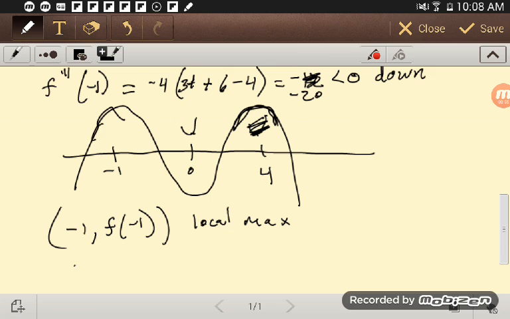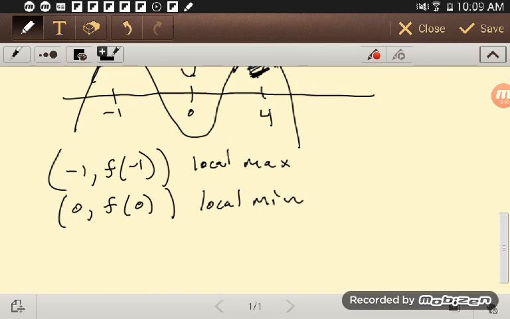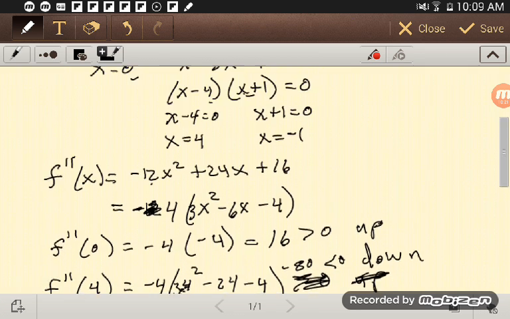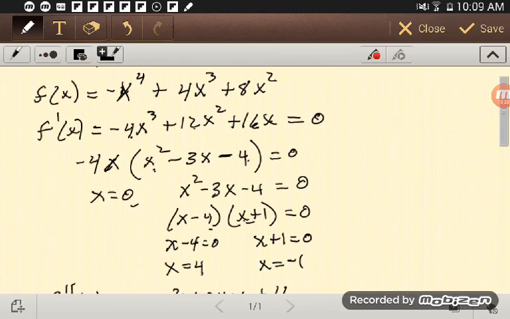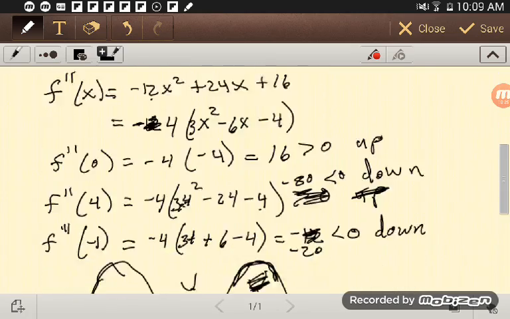We have 0 and f of 0. Now that one's an easy one, I know what that one is, and that's a local min. And then finally 4 and f of 4 is a local max.